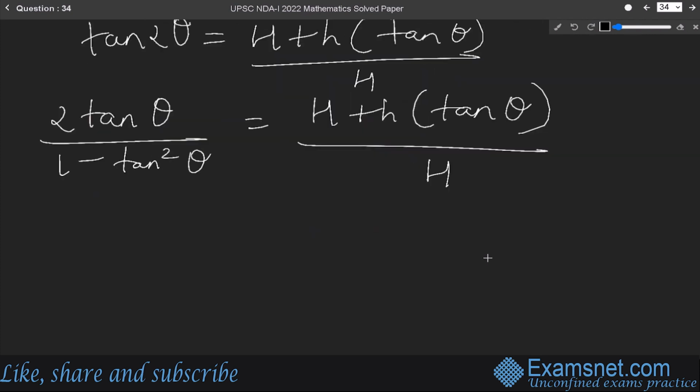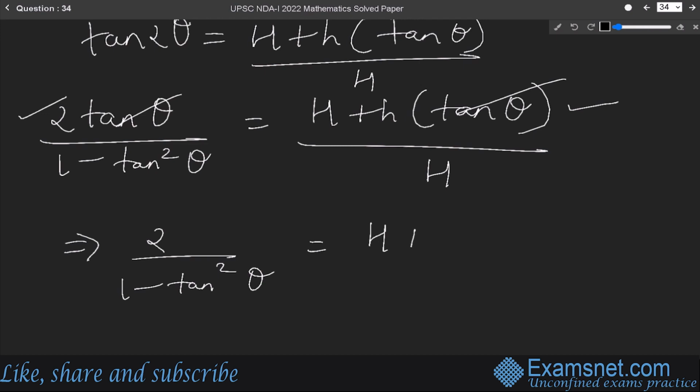Now you can see that in the left hand side there is 2 tan theta, and in the right hand side there is 1 tan theta. So 1 tan theta will be cancelled. So the remaining terms will be 2 upon 1 minus tan square theta is equal to h plus h upon h.